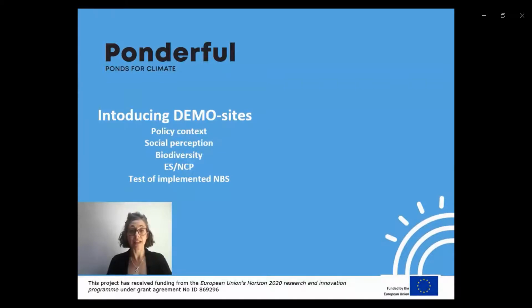So we use demonstration sites, so-called demo sites, for analyzing the policy context and social perception of ponds, for quantifying the biodiversity, their ecosystem services and nature's contribution to people, developing scenarios for climate change using pondscapes, and testing the implemented nature-based solutions.